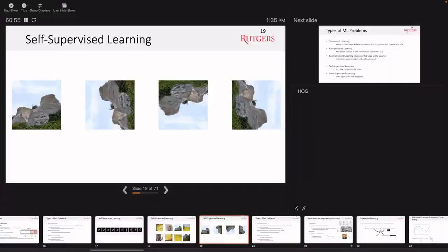Then you can train a model to predict the rotation angle of the image. This network is useful because it extracts useful middle layer representations. After you pre-train a model using this kind of self-supervised task, you can fine-tune the model on any specific task that you're interested in.